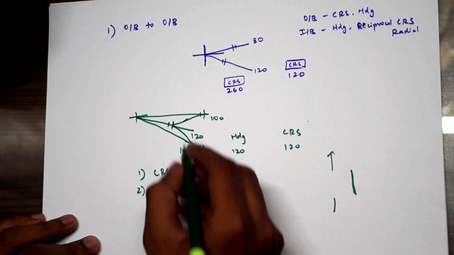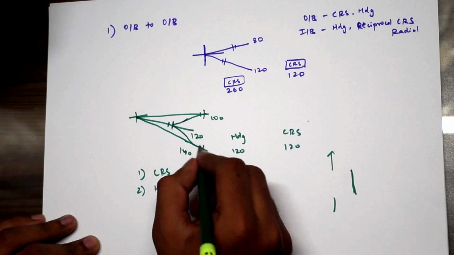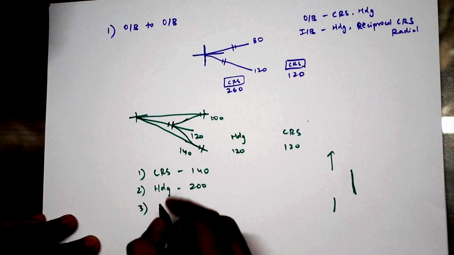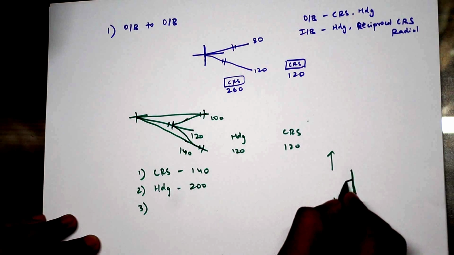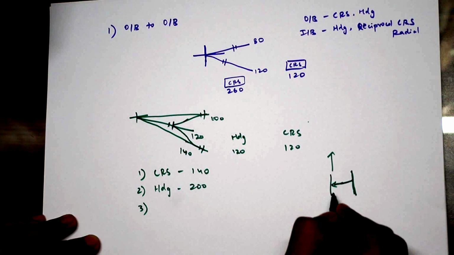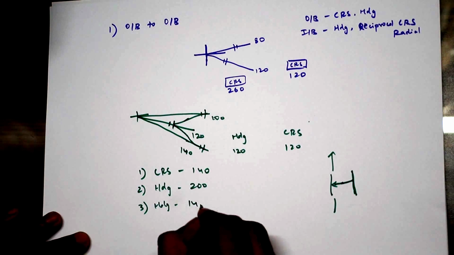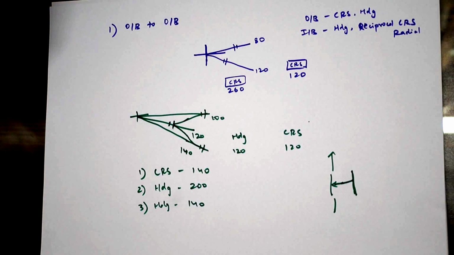So the heading to fly for the case we are discussing is 200, and then after interception, the needle will start moving towards the center like this. You come back on heading 140. Is that cool? It's simple if you imagine and know where exactly your position is and which side to turn.